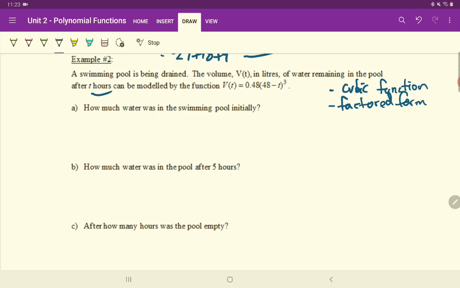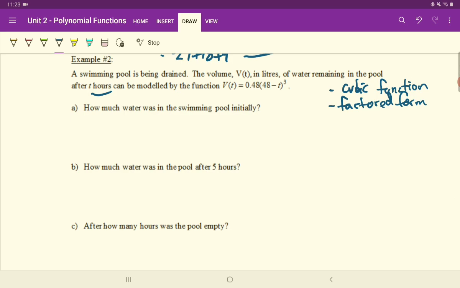It's certainly not in standard form, right? Standard form would look something like f of x equals ax squared plus bx plus c. And it certainly doesn't look like that. So what else do I know from here? Well, I know that my a value is currently showing to be positive.